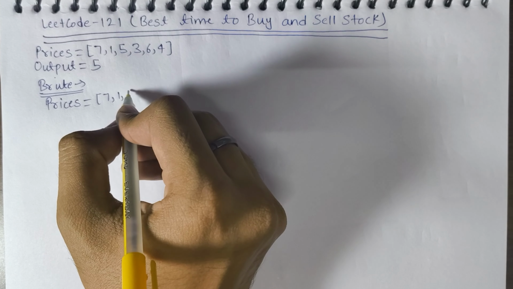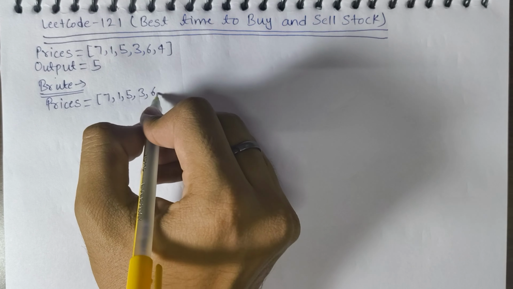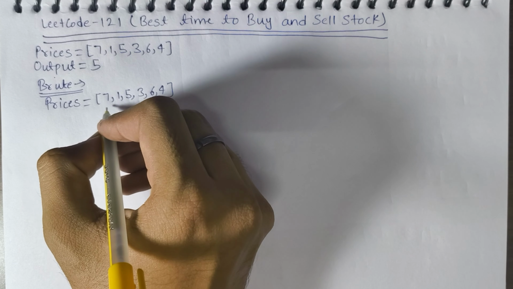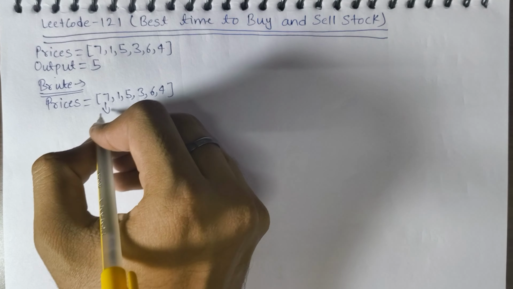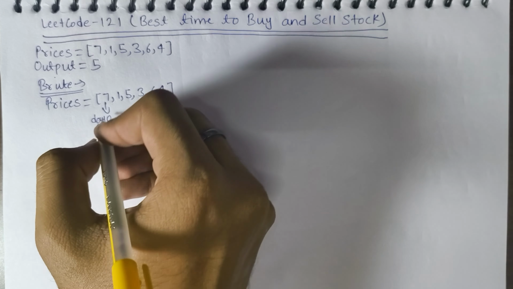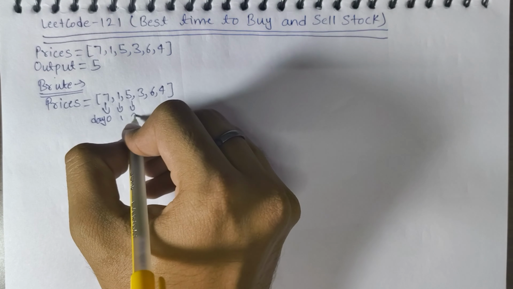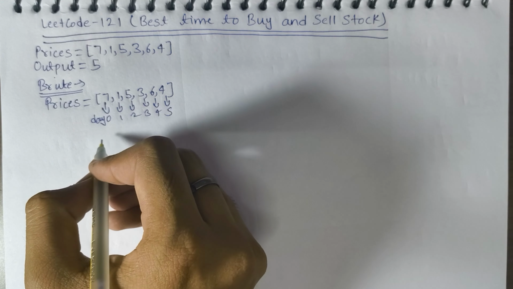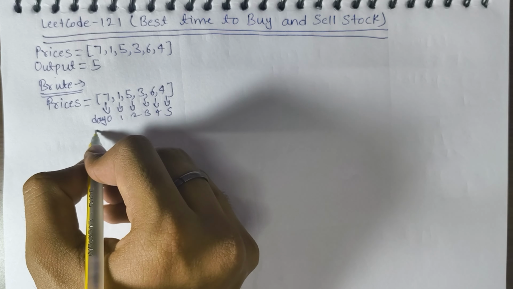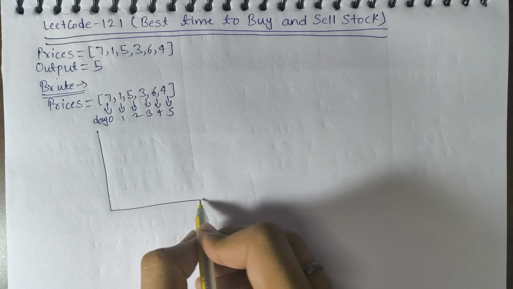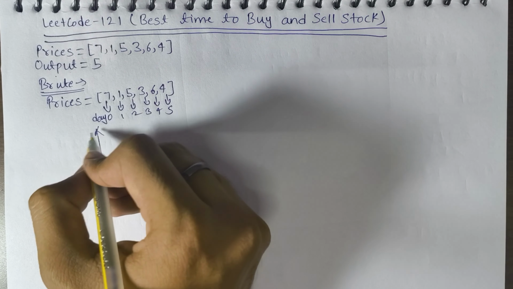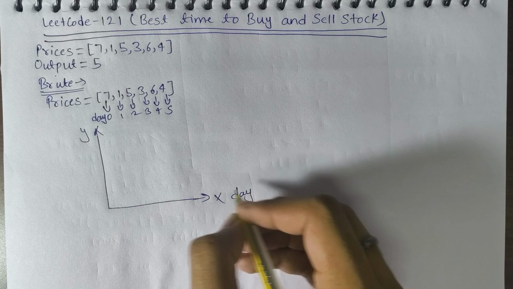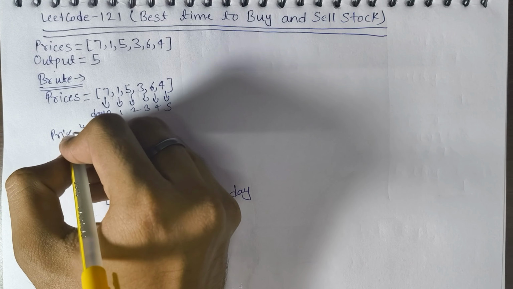We have 7 1 5 3 6 4, which represents the price of stock, like day 0, day 1, day 2, day 3, day 4, day 5. Let's analyze this problem by creating a graph. On the x-axis we have the day, and on the y-axis the price.